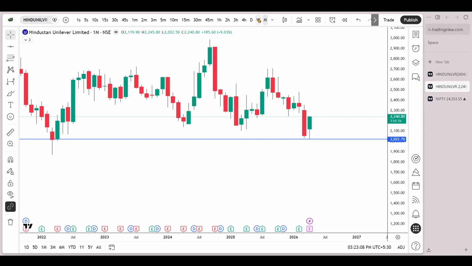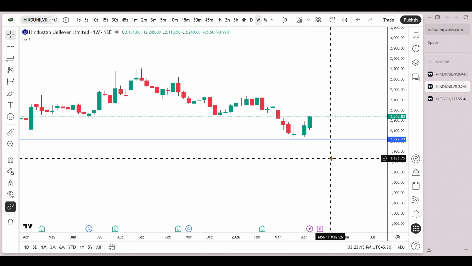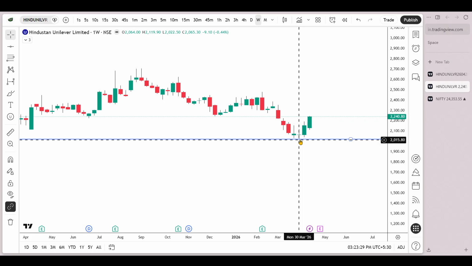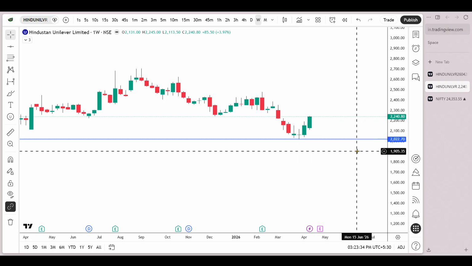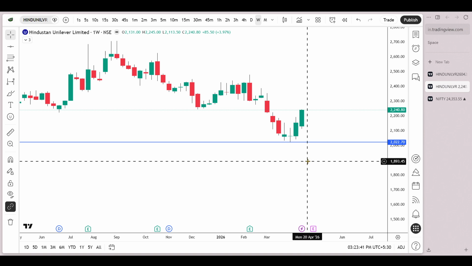That means the doji has formed in a support area. Generally, when a doji forms in a support area, it may go up, touch that support line and have a chance of bouncing back. For that reason I have chosen Hindustan Unilever.